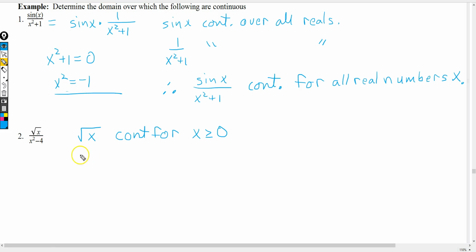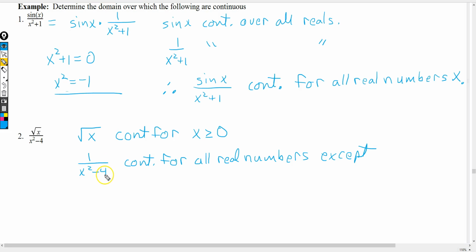Now, if I look at 1 over x squared minus 4, that is going to be continuous for all the real numbers except, well, when the denominator is equal to 0. And when is the denominator equal to 0? Well, if we solve x squared minus 4 equaling 0, that means that x equals plus and minus 2, right? Okay, so this is continuous for all real numbers except plus and minus 2.